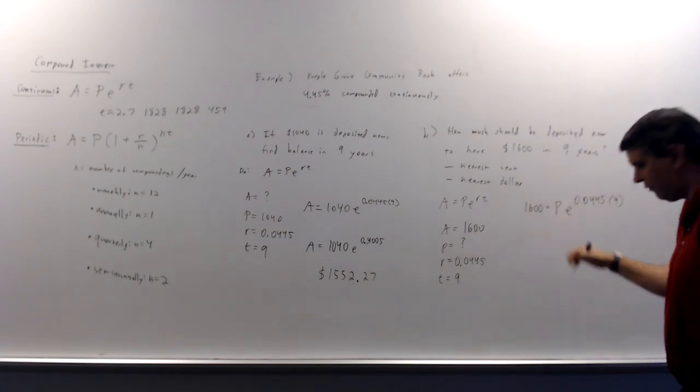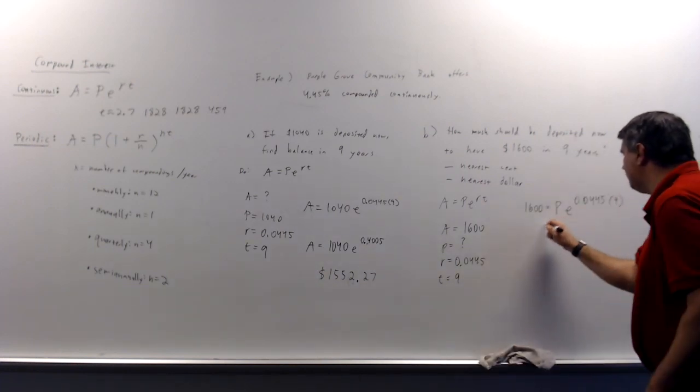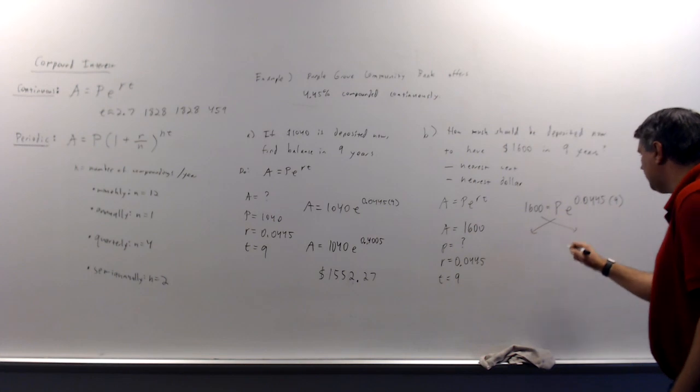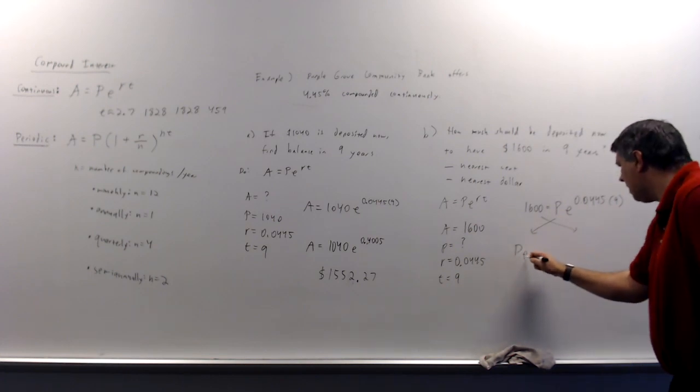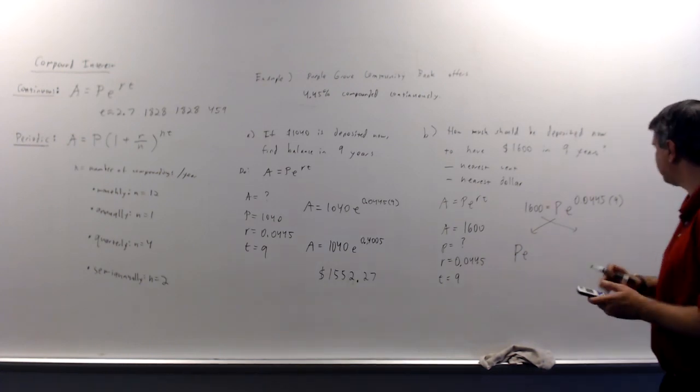Okay, that's my unknown. That is what I'm solving for. So what I'm going to do is, since that's my unknown, I'm going to switch the side and move it over here. Okay, so I have P. I am going to go ahead and simplify the exponent, pretending that I don't know what the answer to this is.